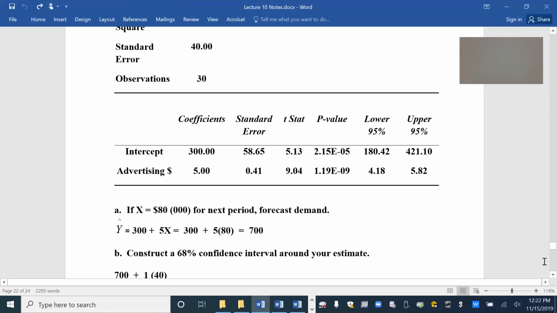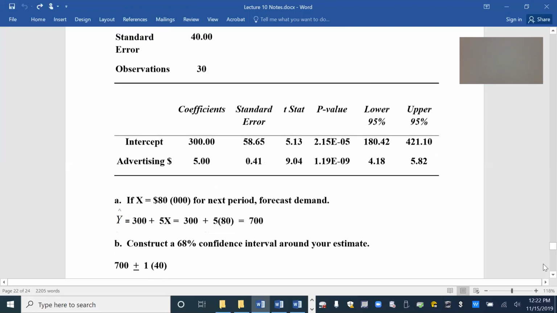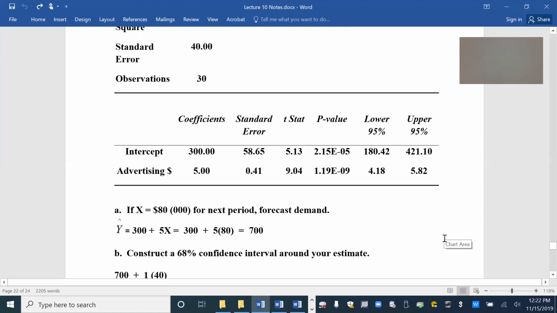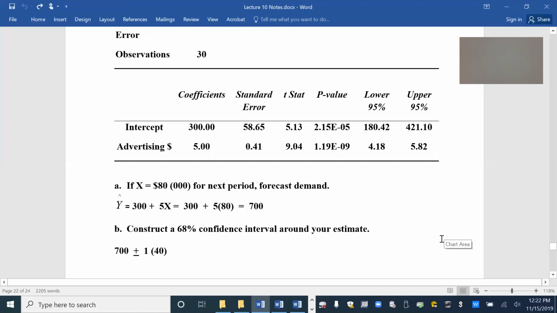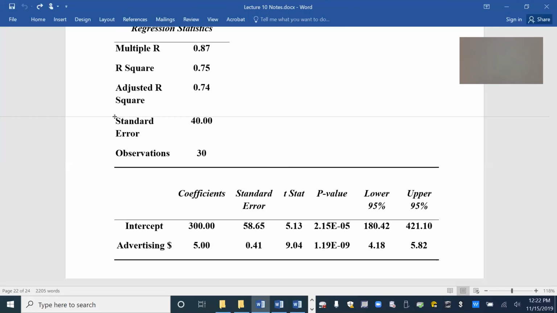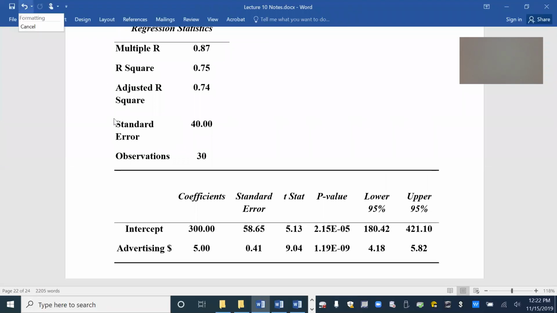Will it be exactly 700,000? No, it won't. Give me a range that's 68% sure, a 68% confidence interval. It'd be 700 plus one of those right there. That right there is our value.